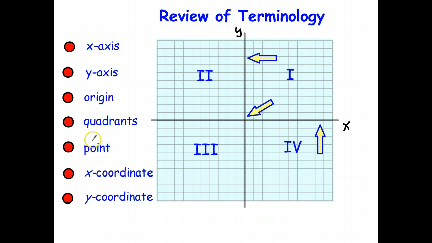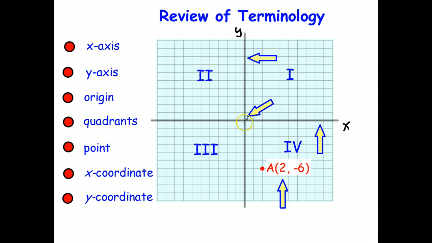Okay, let's put a point on the number plane. Normally, points are identified with a capital letter, A, B, C, etc., and by two numbers. So the first number is called the x-coordinate, and that's basically starting from the origin, how far you go horizontally.